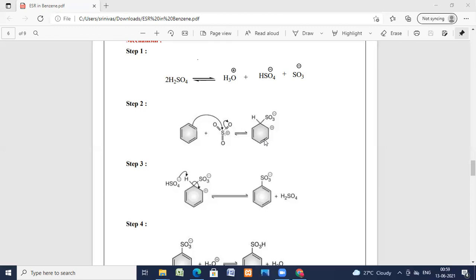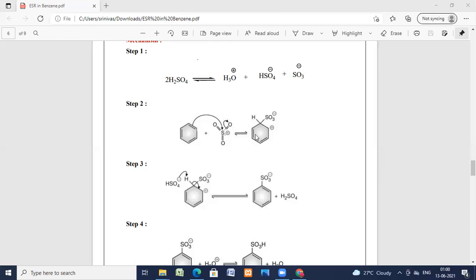The pi electrons shift here, and this pi bond is completely gone. You are having a positive charge. Now those pi electrons shift towards the positive charge, so here you get the negative charge and this is the positive charge, and between these two you get the bond.